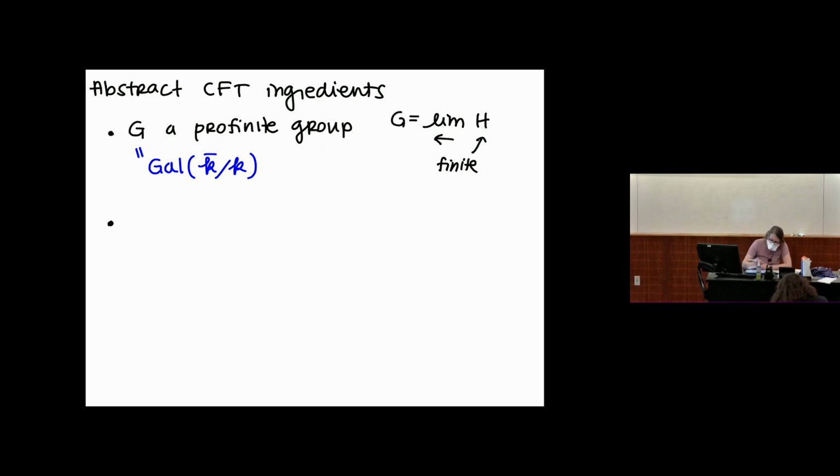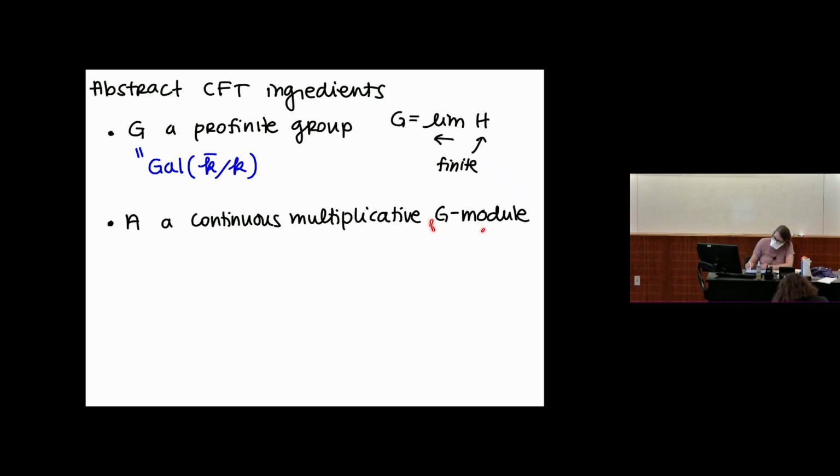And then the thing that you need to get the whole thing going is a set A, which is a continuous multiplicative G-module. G-module means you're acting on it by G, so you want nice action properties. The identity of your group acting on an element of A should give you that element.